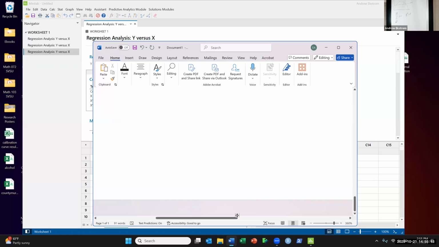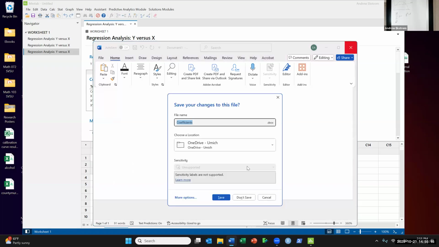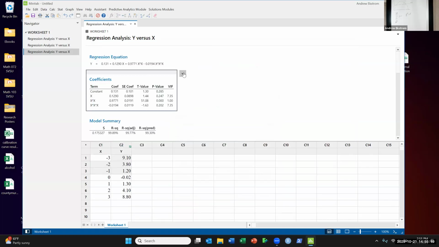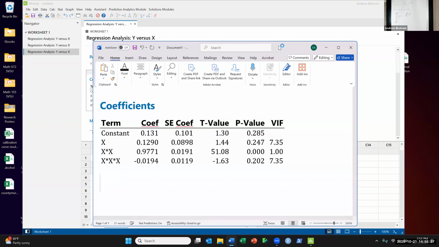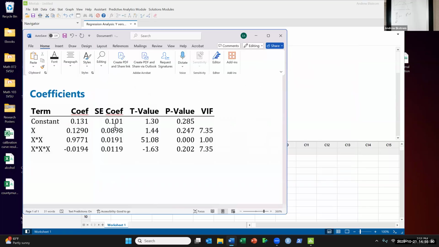Sorry, let's try and do this over again. All right. So again, we've got our coefficients here, and this is our coefficient table.